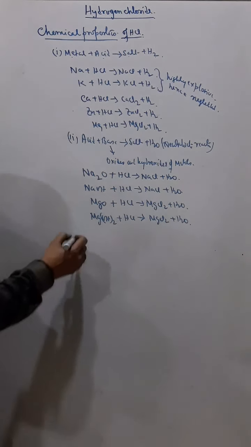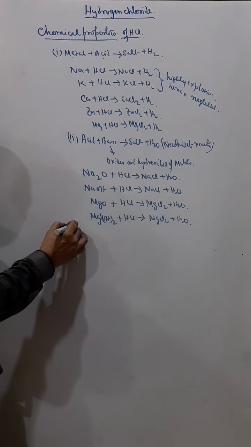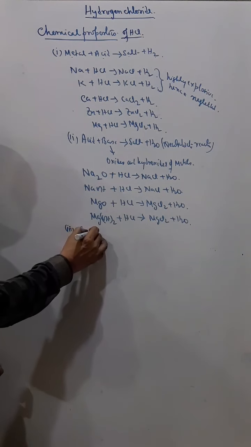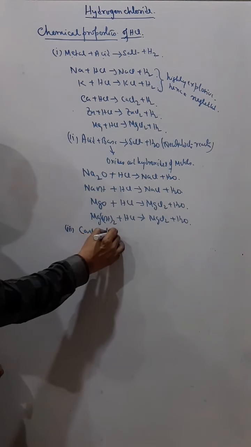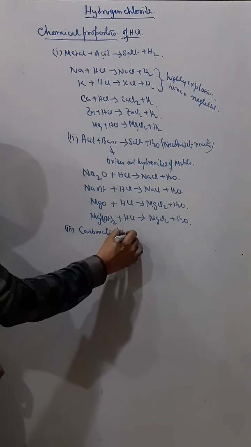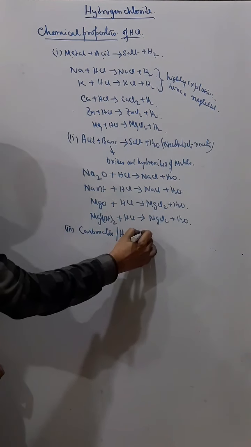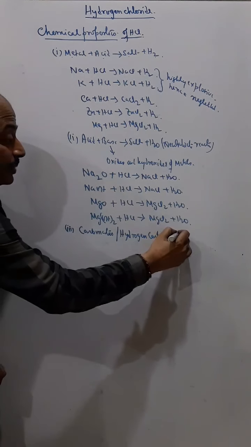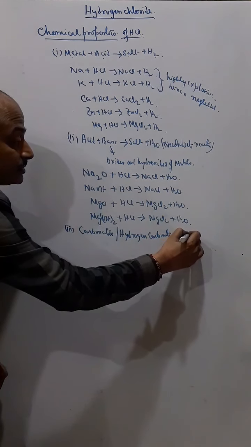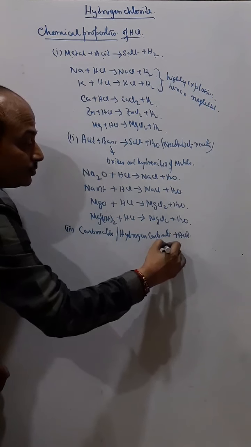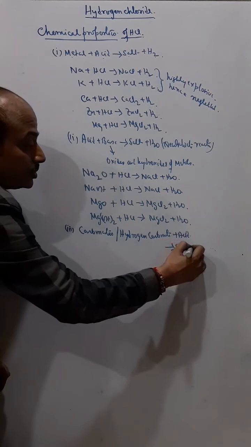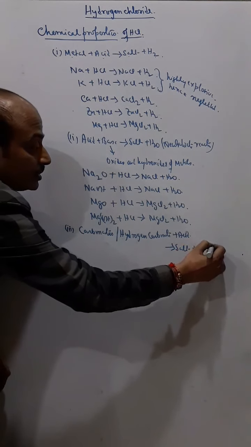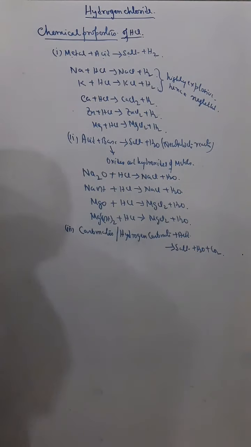Similarly, carbonates or hydrogen carbonates plus acid will give you what? Will give you salt plus water plus carbon dioxide.